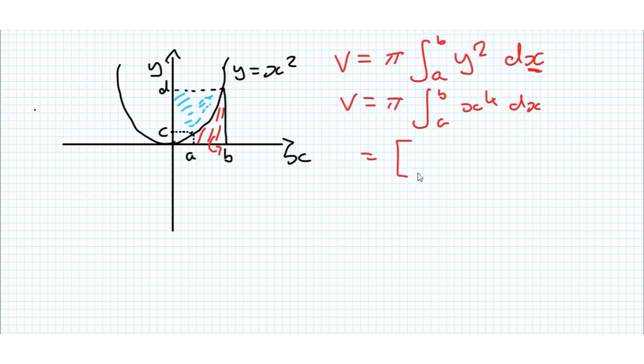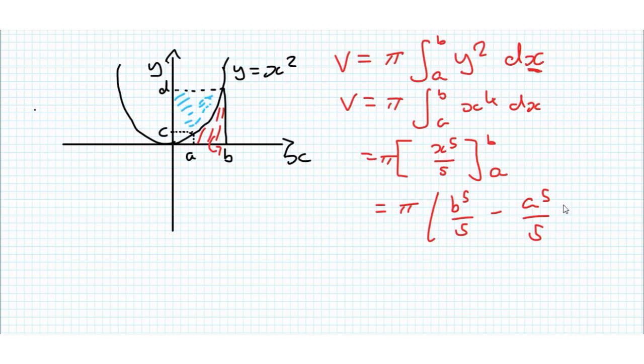So this is equal to pi x to the 5 over 5 from b to a, and this is equal to pi times b to the 5 over 5 minus a to the 5 over 5. That's equal to pi (b to the 5 minus a to the 5) all over 5. Alright, so that's the volume if we rotate this shape round here.